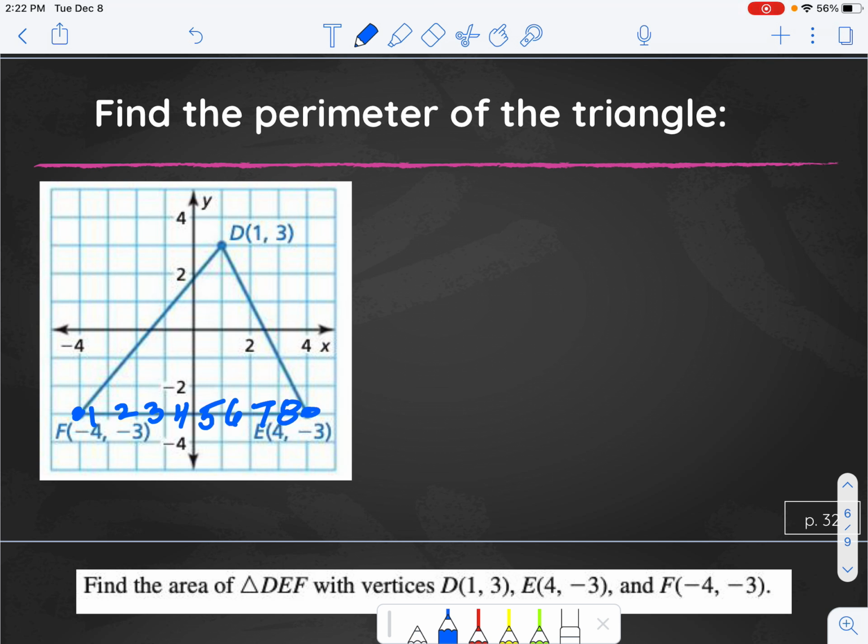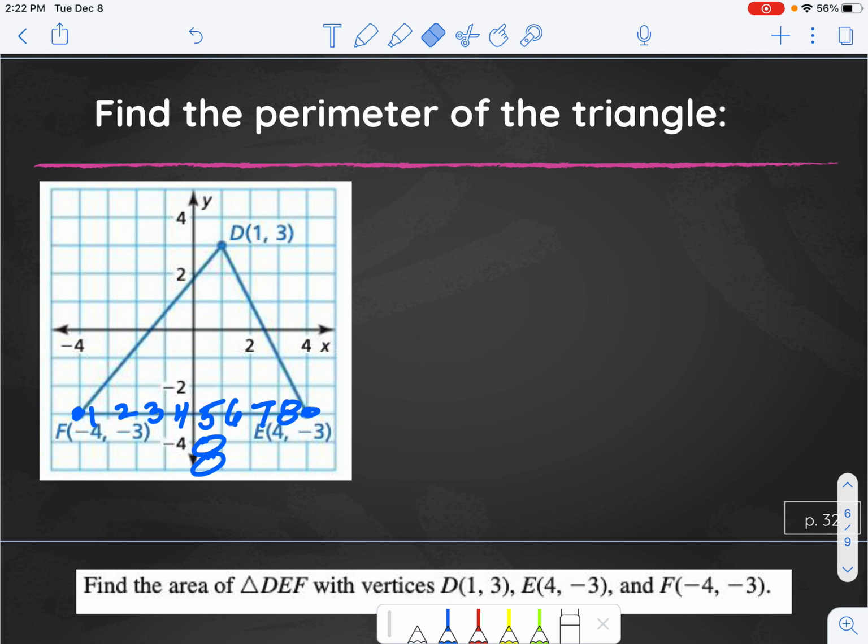So the distance of FE is just 8. Whenever we have a side that's completely horizontal or completely vertical, we can just count the boxes, and that will give us the length of that side.